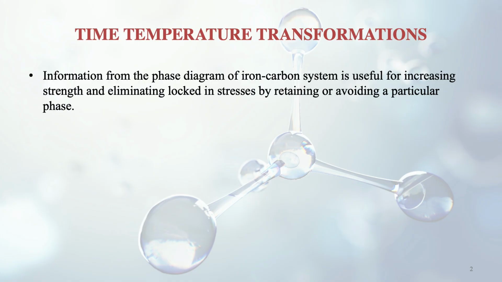So we start now. In this session we will discuss time temperature transformation first of all. So why do we need the time temperature transformation? We see that information from the phase diagram of the iron carbon system is useful for increasing the strength and eliminating locked in stresses by retaining or avoiding a particular phase.